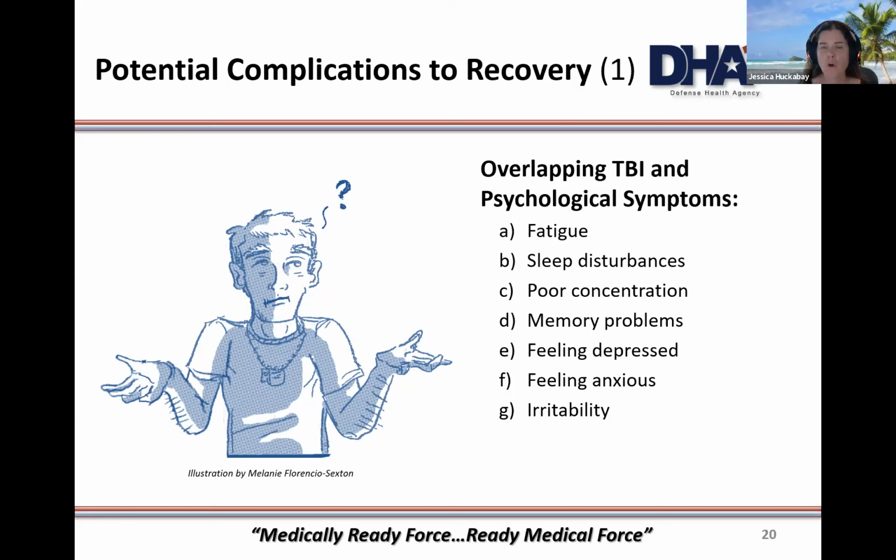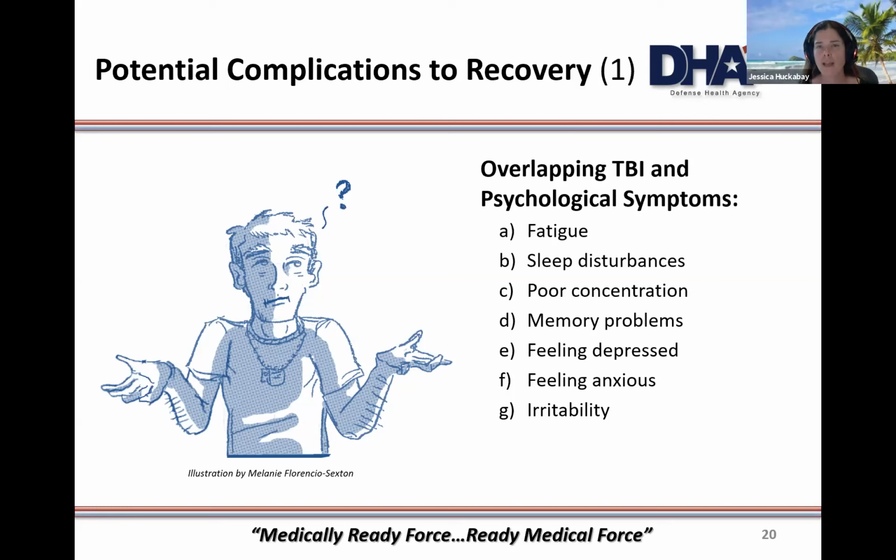And now the overlapping symptoms. There are a lot of overlapping symptoms, and those could be sleep problems, trouble with memory and attention, right? Feeling depressed or anxious, maybe having some fatigue or always being tired and not being able to function like they used to, being more irritable.